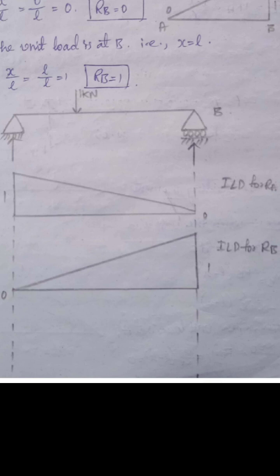So RA will be maximum. Therefore RA is 1. When unit load is at A, there will be no reaction at B. Similarly, when unit load is at B, RB will be maximum at B, but RA will be 0 when unit load is at B.